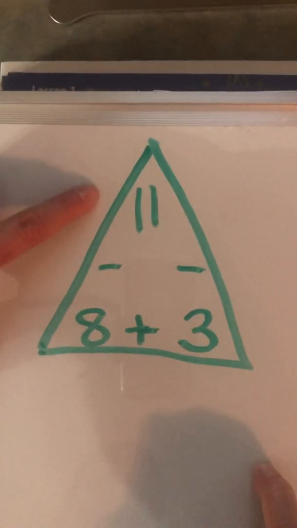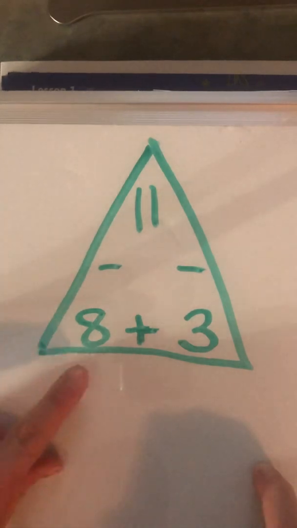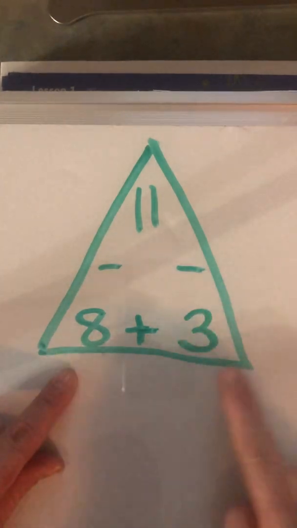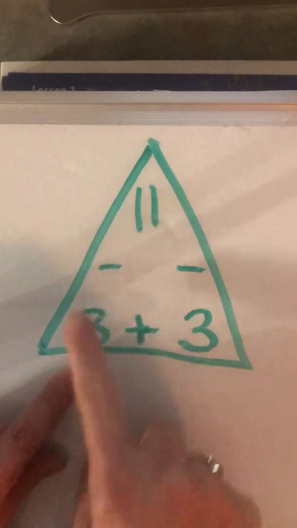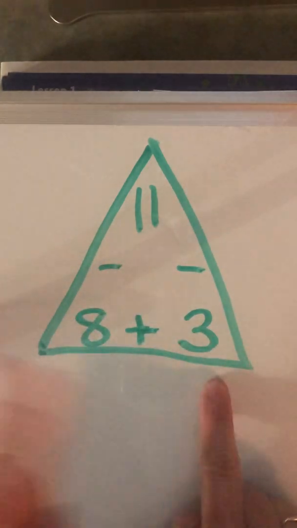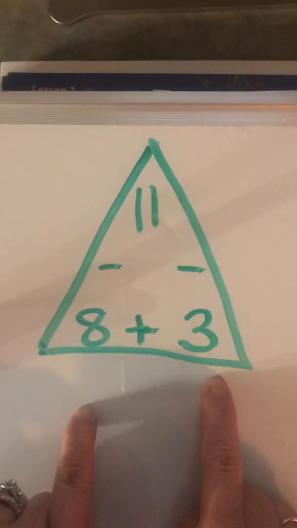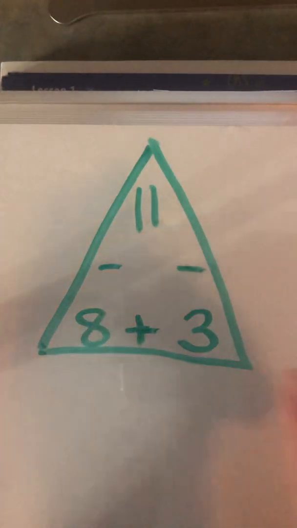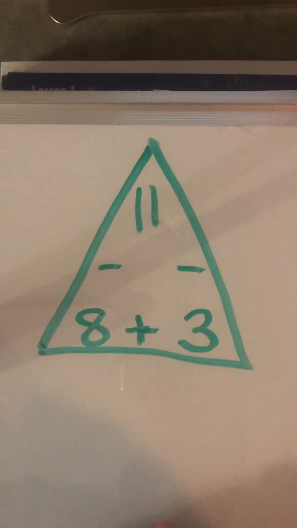Or we know that if we have 11, if we take this part away, 8, this part's left. So 11 minus 8 is 3, or we can say that 11 minus 3, the other part's left over. So those facts are special because they are related.